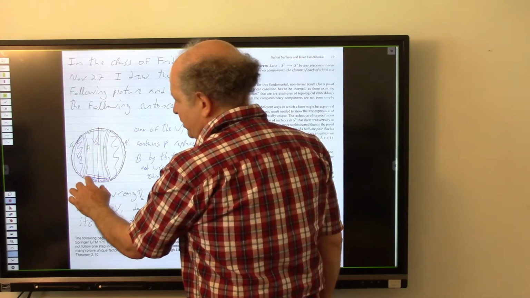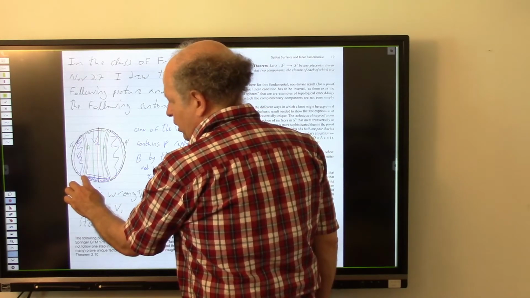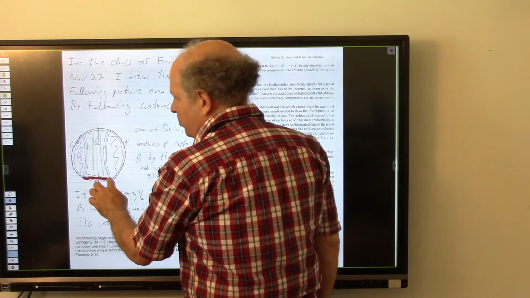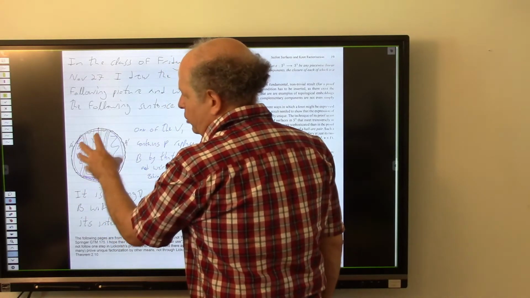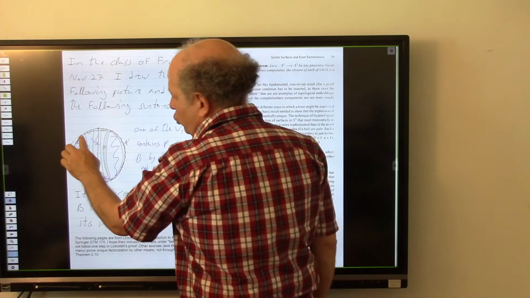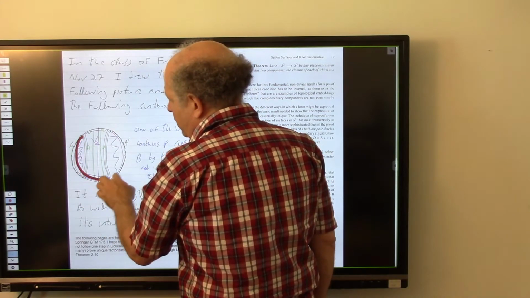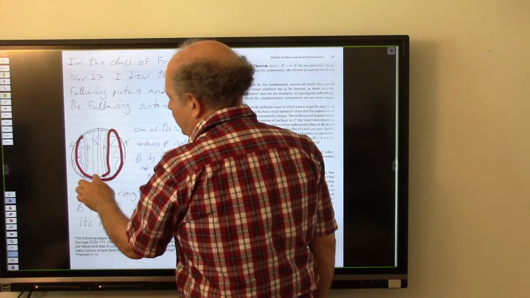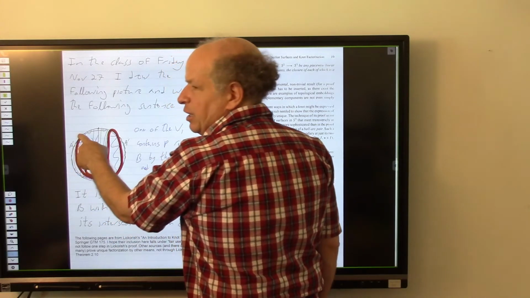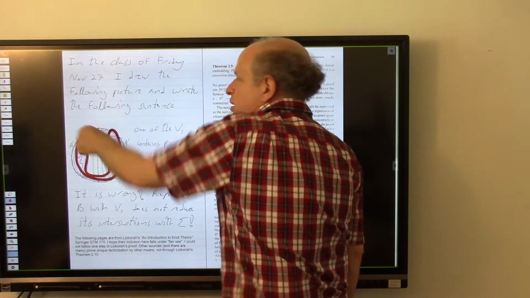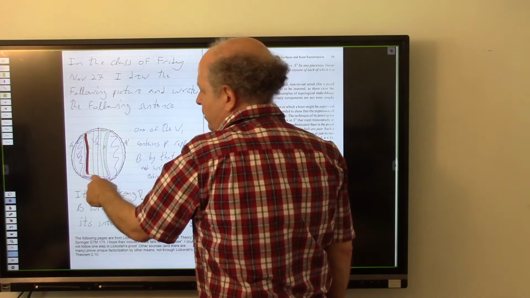I suggested to add a disk down at the bottom, and then that divides the original ball B into two balls. One is the one I'm highlighting now, and the other one is its complement.